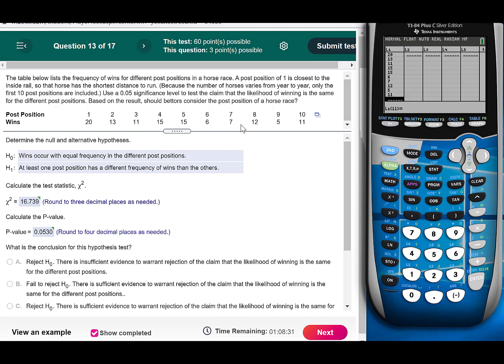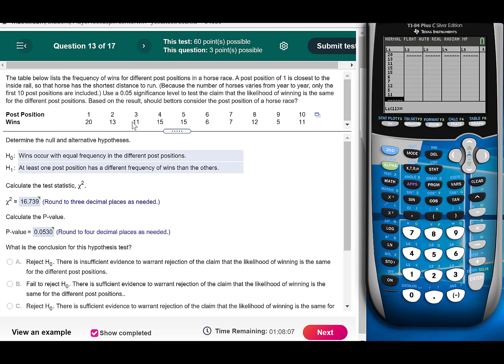Unlike the other problem that I did before, where he gave us a percentage for each of the colors, he didn't give me any percentages here, but he says to test the claim that the wins are the same regardless of the position. So we expect all the horses, regardless of their post position, to have the same number of wins. Here's what you do, guys.